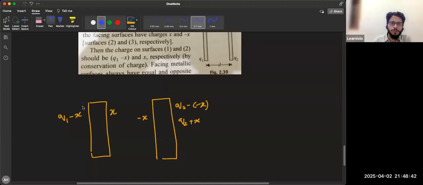So there are four faces: face 1, face 2, face 3, face 4.